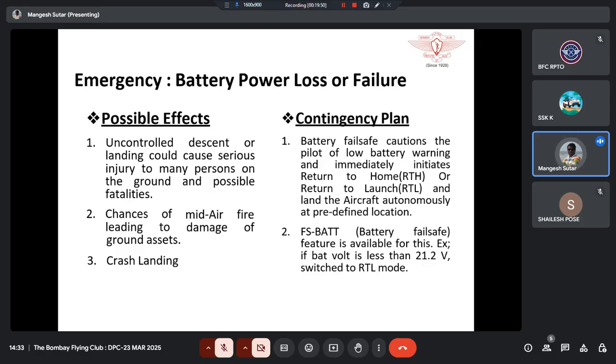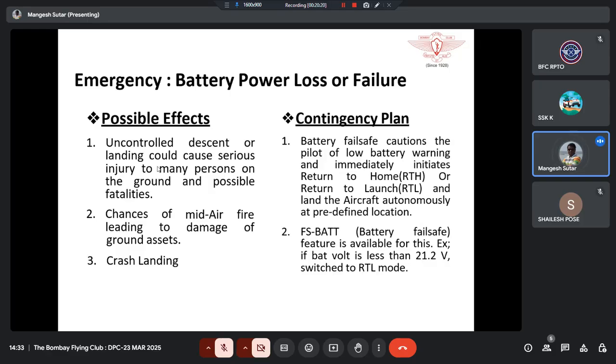If we know that it is reaching 21.5 or so, we should stop, land our drone and change the batteries. This is only a safety feature. The safety feature is there, but we should never let that safety feature get triggered. That would mean we are not following the proper procedures, or the way the SOPs are written for safe flying.